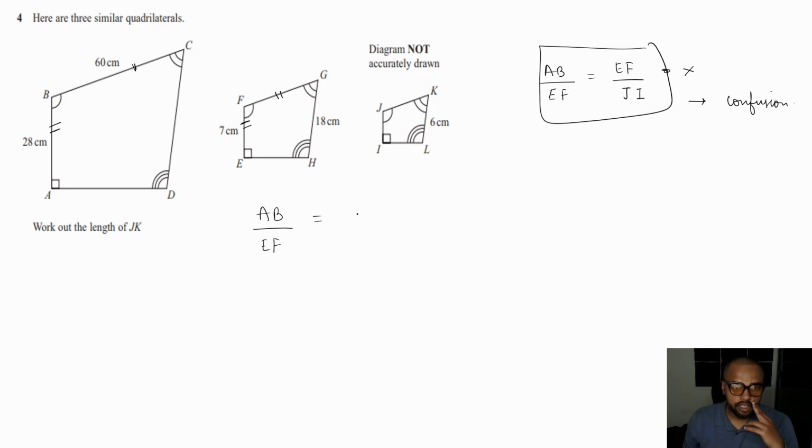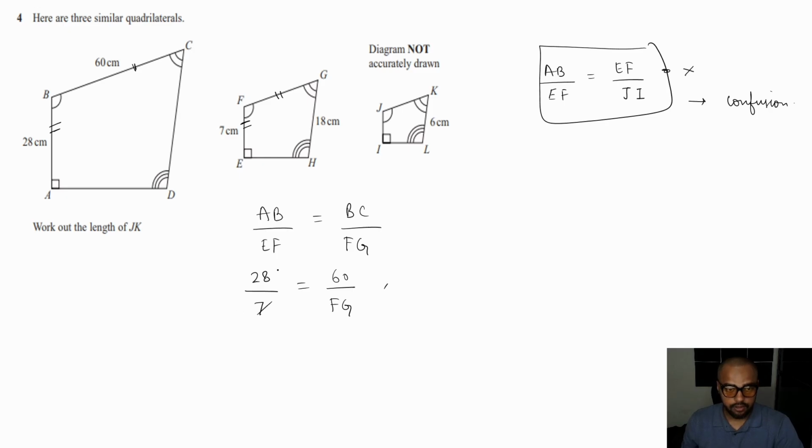So AB upon EF will be equal to BC upon FG. Let's plug in the values here. So 28 upon EF will be 7, and BC will be 60 upon FG. We don't know the value of FG, so we'll write it as FG only.